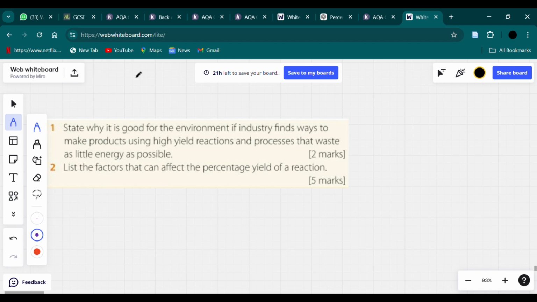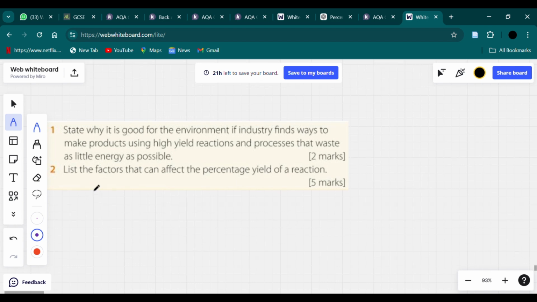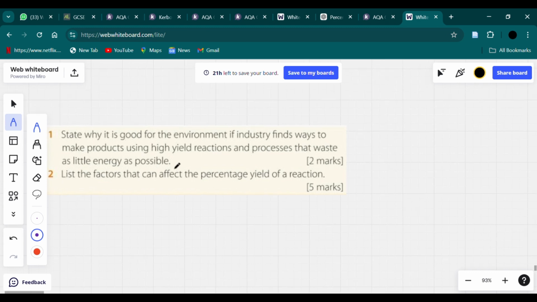Okay, now we will move towards question number 1 and question number 2 of the exercise. Question number 1 states: why is it good for the environment if industry finds a way to make products using high yield reactions and processes that waste as little energy as possible? So there would be two reasons.